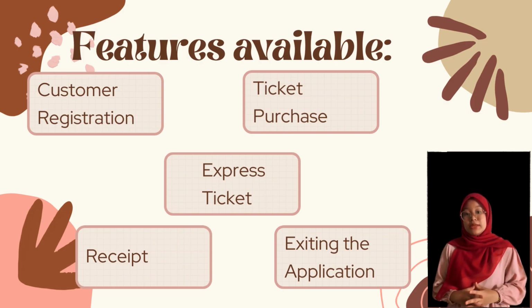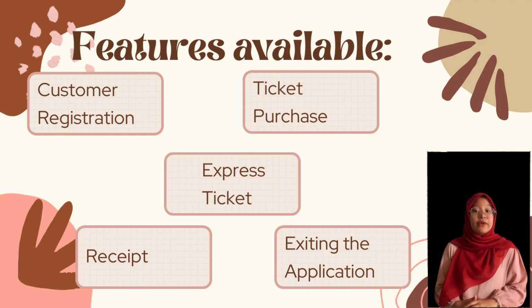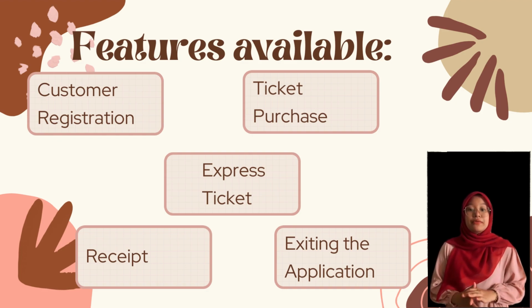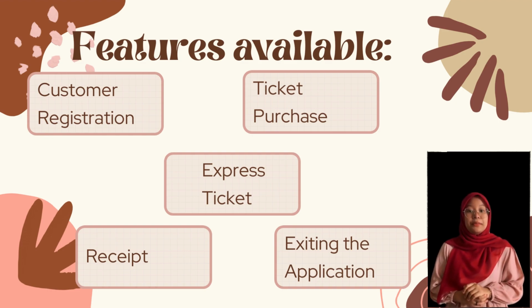Users have the flexibility to purchase tickets for multiple individuals. Third is express ticket. For those seeking a faster experience, the system allows users to upgrade their regular tickets to express tickets. Fourth is receipt generation. Upon completing the transaction, the program generates detailed receipts. And lastly, fifth, exiting the application.